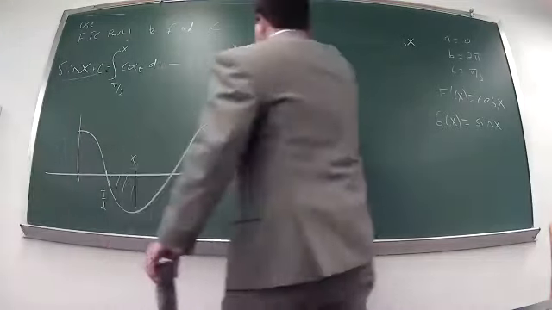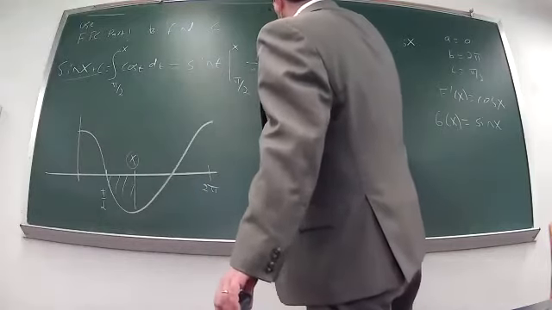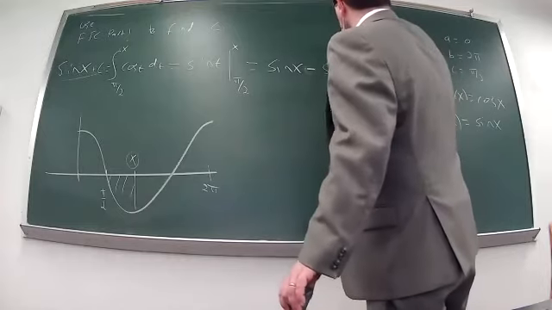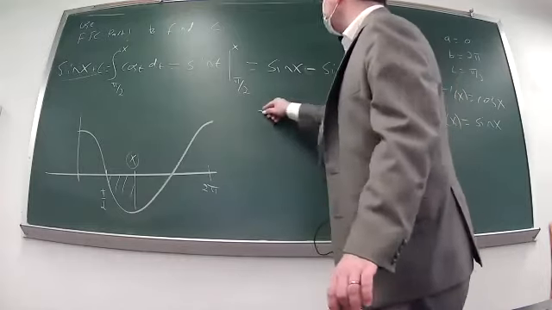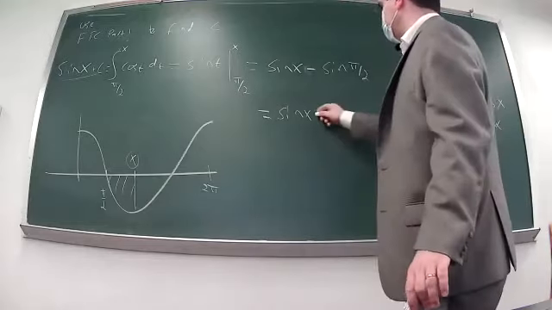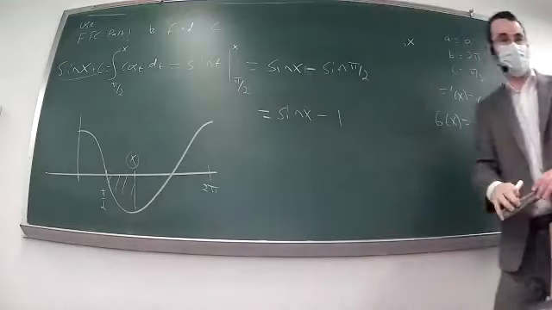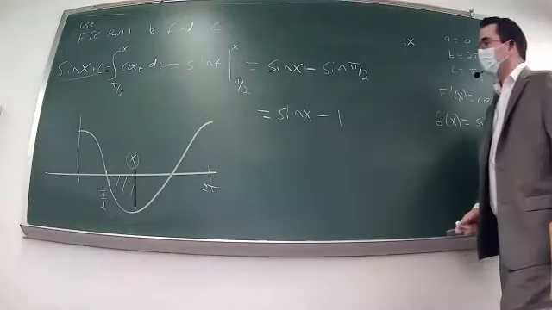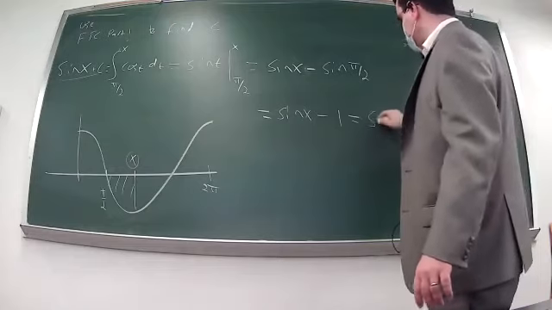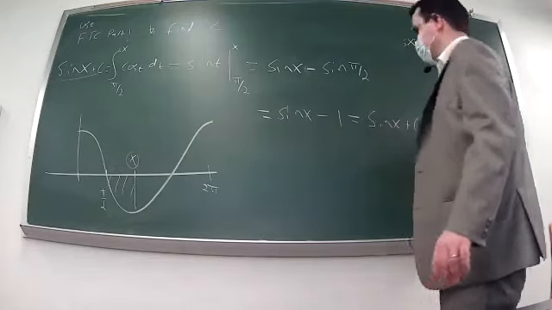So this is sine x minus sine pi over 2, and sine x is what it is, and sine pi over 2 is equal to 1. So I'm faced with this equation that sine x minus 1 equals sine x plus c.